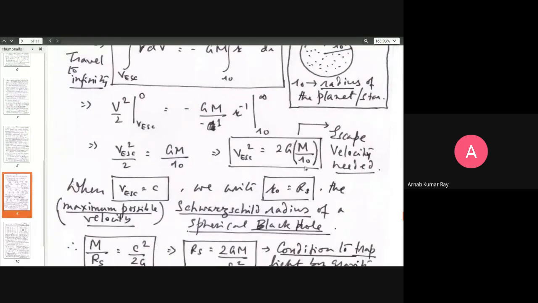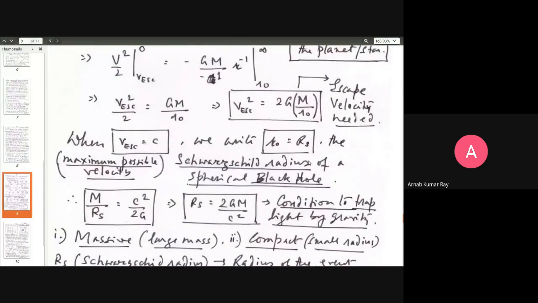Typically, these are very massive objects, and you will find such masses in the astrophysical context, not in the context of smaller objects. So now this ratio, M by R naught, M being the mass of the object and R naught being its radius, if it becomes very large, there will come a stage when it will prevent even light to escape the gravitational field.